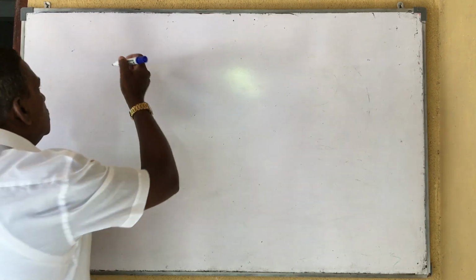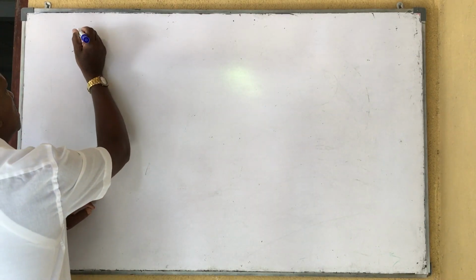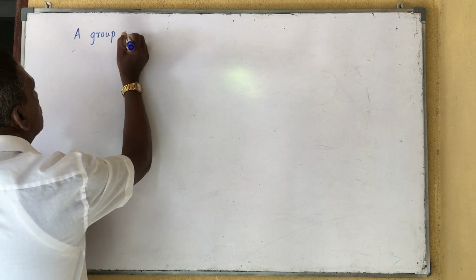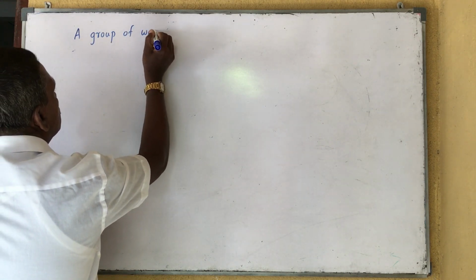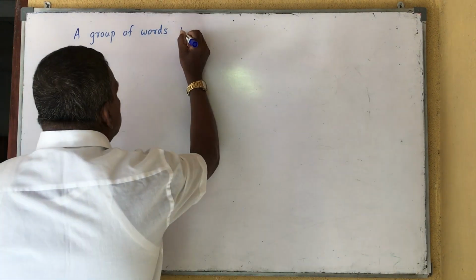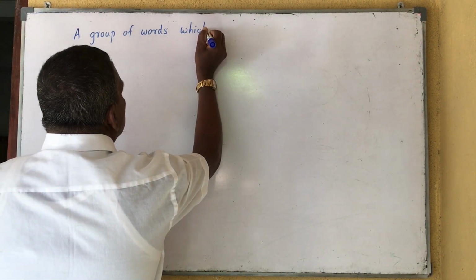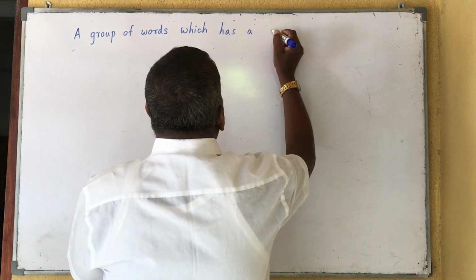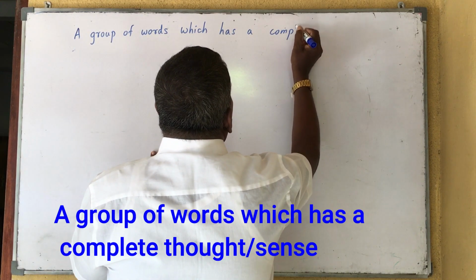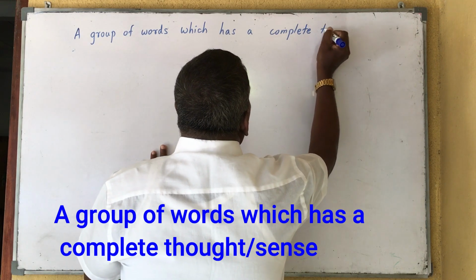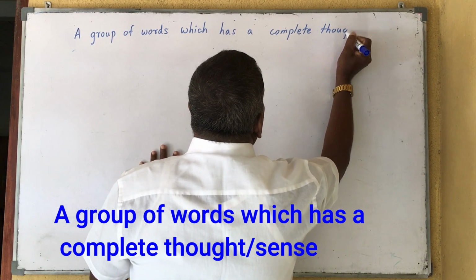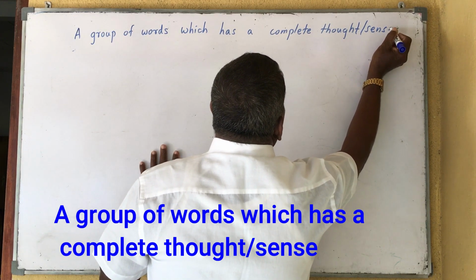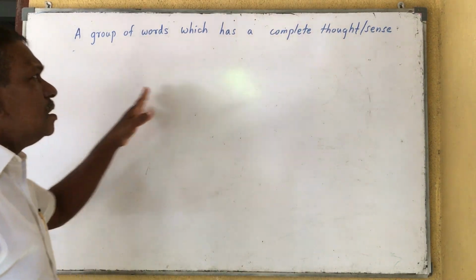A group of words which has a complete thought or sense is called a sentence.